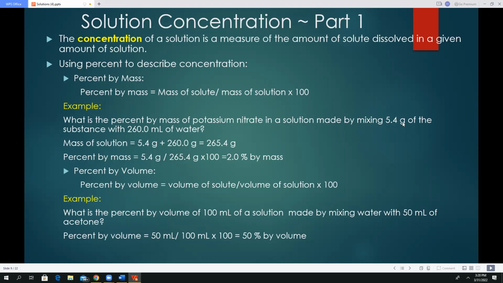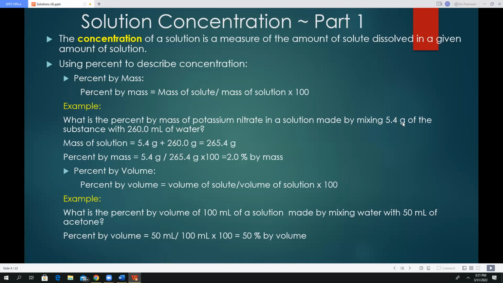So it's going to be 5.4 divided by the addition of 5.4 and 260, and then multiply it times 100.